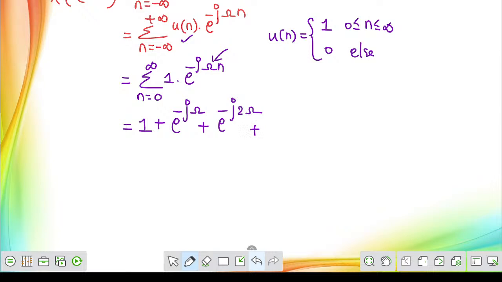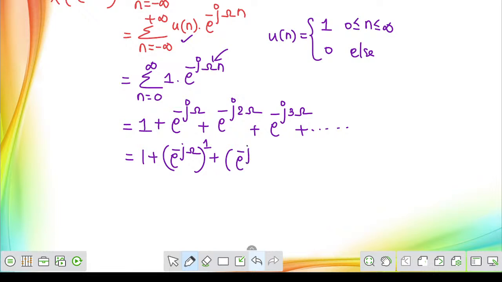If you put n equal to 3, you will get e power minus j times 3 omega, plus and so on. Now this expression can also be written as 1 plus e power minus j omega whole power 1, plus the second expression can be written as e power minus j omega whole square. The third expression can be written as e power minus j omega whole power 3, plus and so on.